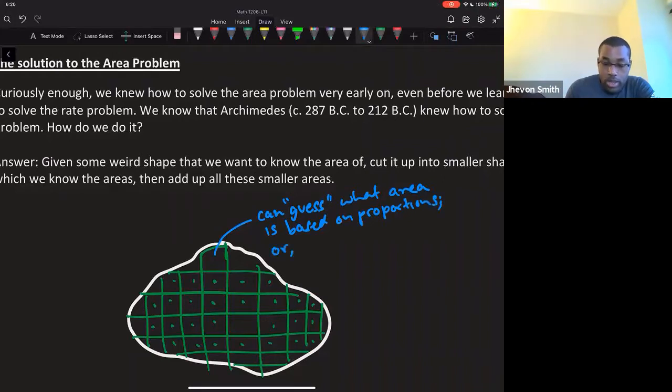Or what you can do is cut it up further. So you can even go in and be like, all right, let's slice this up into smaller pieces, right? And we'll figure out the area of those, right?